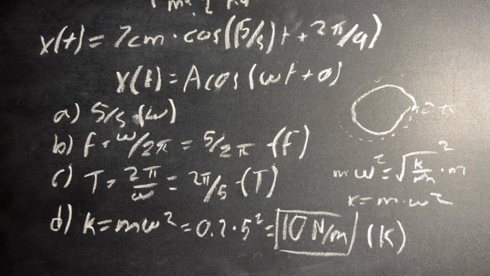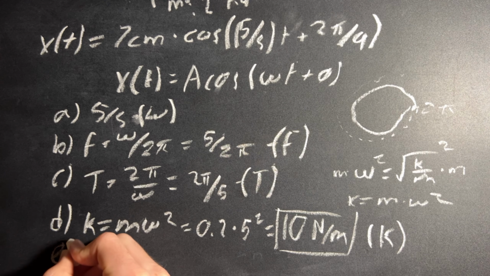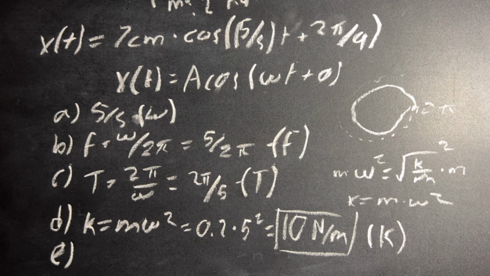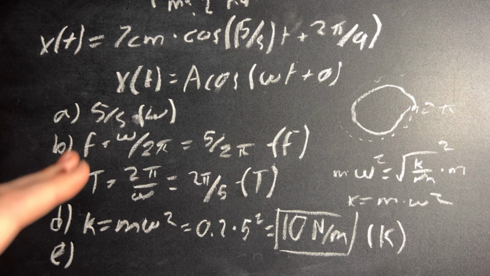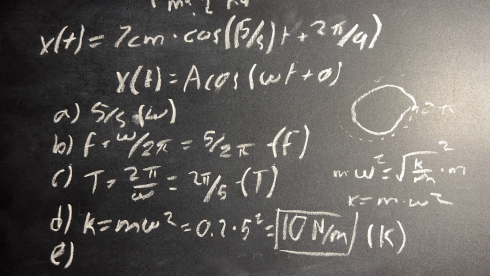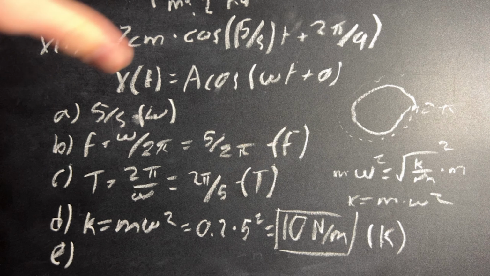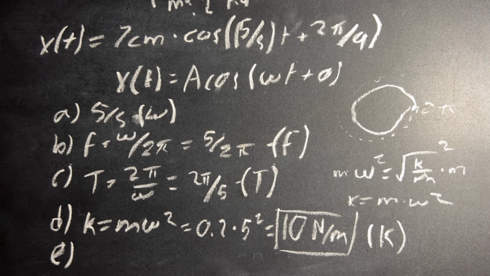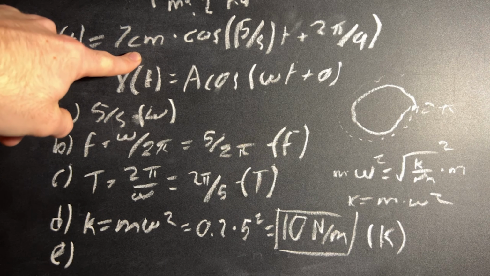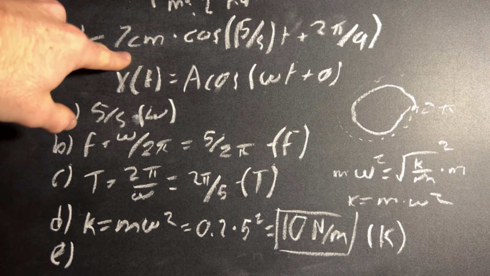So E here. For E, we are going to solve for the max velocity that this oscillation can reach. What we're going to do is take the amplitude up here and convert it to meters.